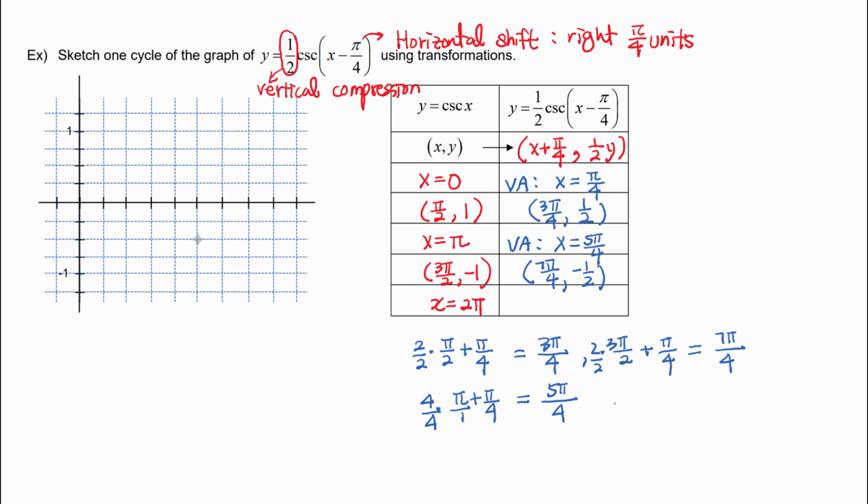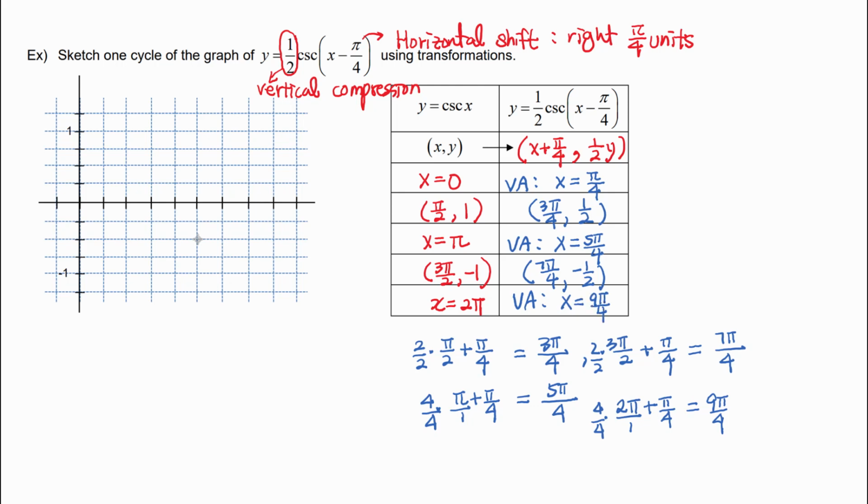And now for x equals 2 pi plus pi over 4, 2 pi is 2 pi over 1. So multiply by 4 over 4, I get 8 pi over 4 plus pi over 4, which is 9 pi over 4. So my last vertical asymptote is x equals 9 pi over 4.